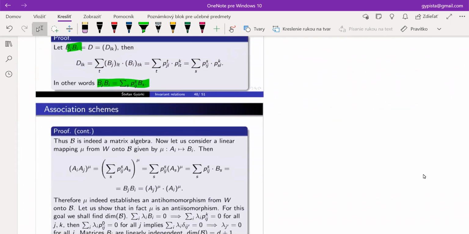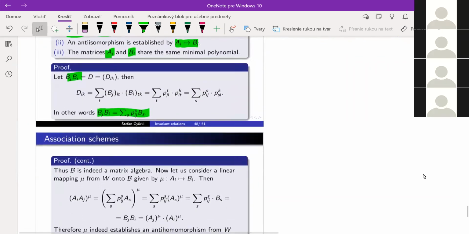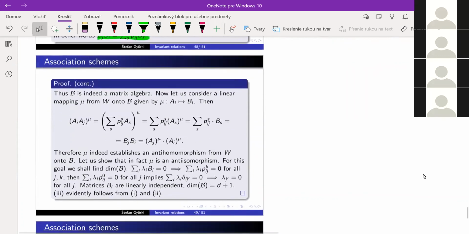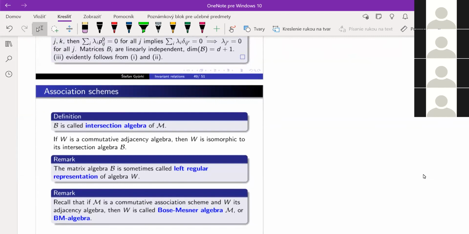This is again just a simple exercise in linear algebra to prove that this really works. And as I was already referring to it, this new algebra is called the intersection algebra. And when the original adjacency algebra is commutative, then the anti-isomorphism switches to a usual isomorphism.